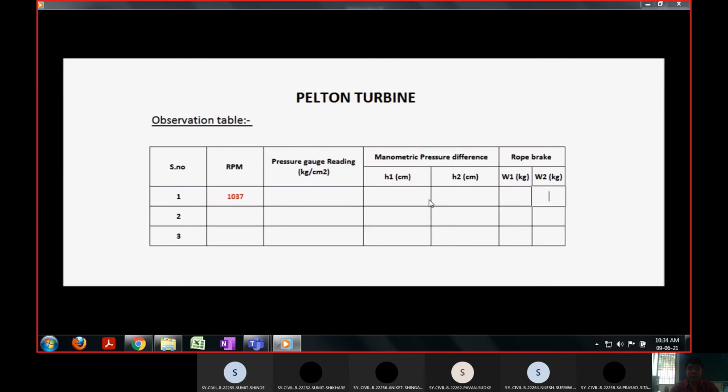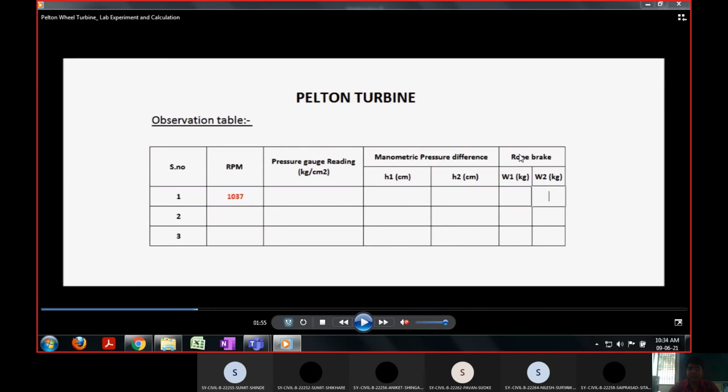And H2 is also the height of water above the datum line in the manometer's right limb. Then we have the slack side and tension side. If you want to apply the load over the turbine, we can apply it with the help of W1 and W2.